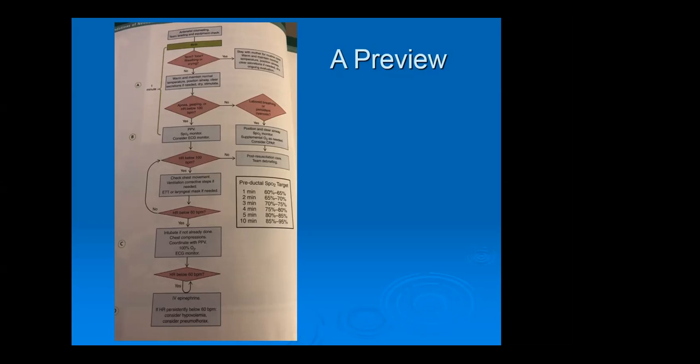And you see the green color box to the right, the preductal SpO2 targets. We're all used to seeing SpO2s at 90 to 99 and having to adjust our mindset there to expect that at a minute, their SpO2 should only be 60 to 65, at 2 minutes, 65 to 70.